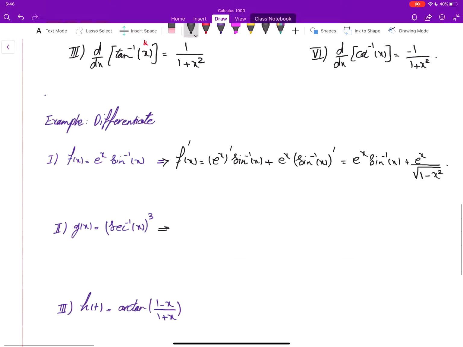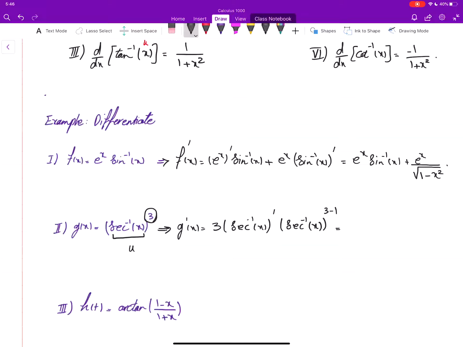How about this one? g prime of x. You see, we have u to the power 3 here, so we have the general power rule. It will be n, which is 3, times u prime times u to the power one less.